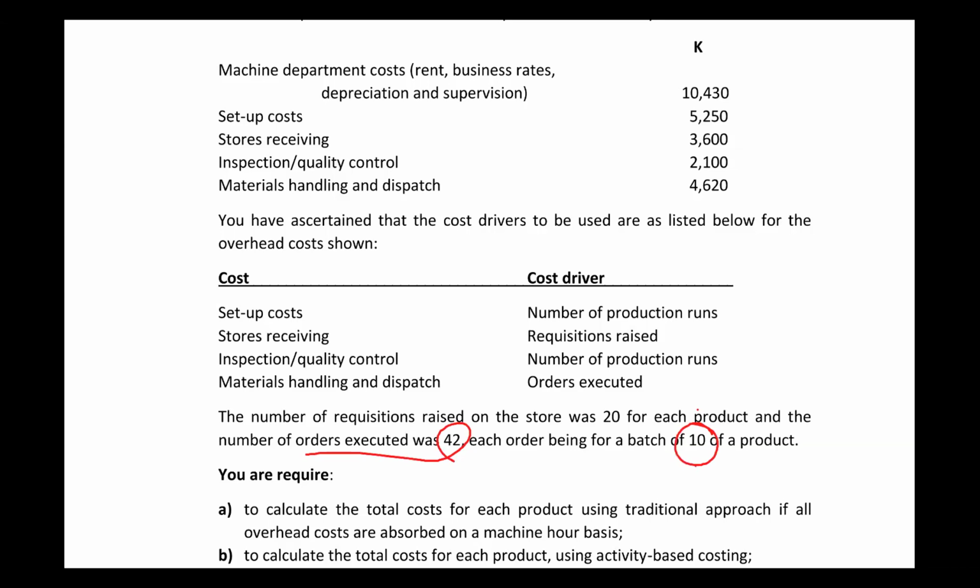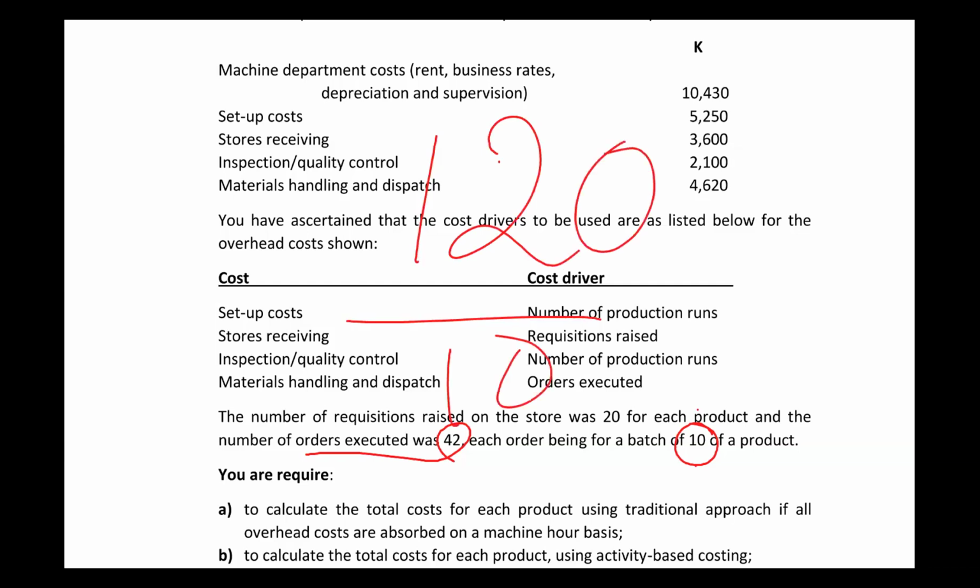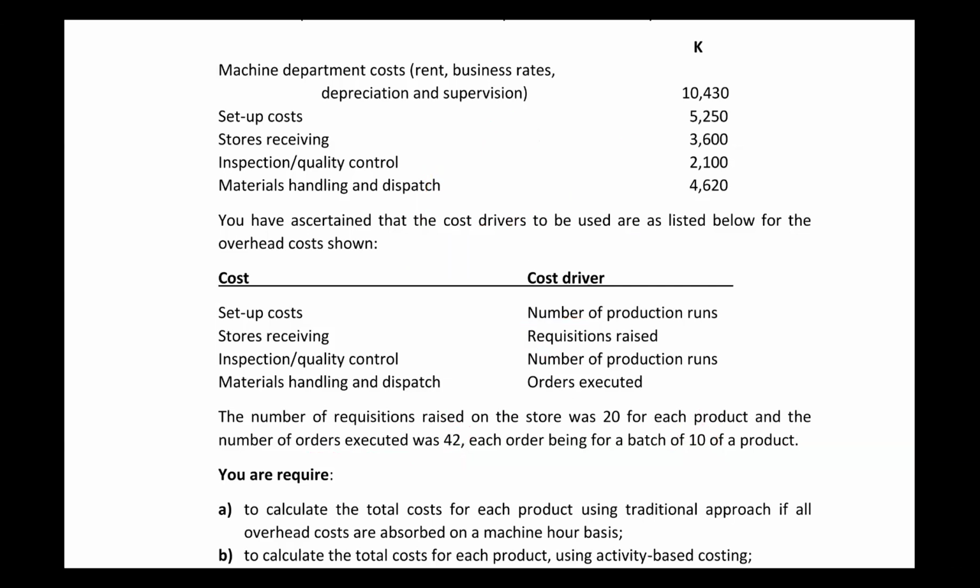You have to divide, for example, the first product, you have 120 units produced. So 120 divided by 10 gives you 12 orders. So you have to understand the number of orders. In some questions, they can even give you the actual number of orders for each product. Then it will be easier that way. But this one you have to calculate, and I'll show you how we calculate that.